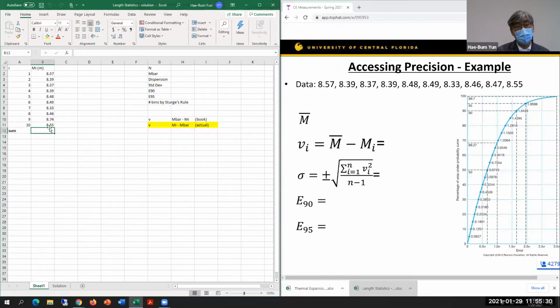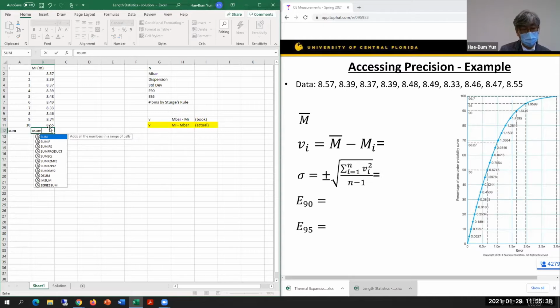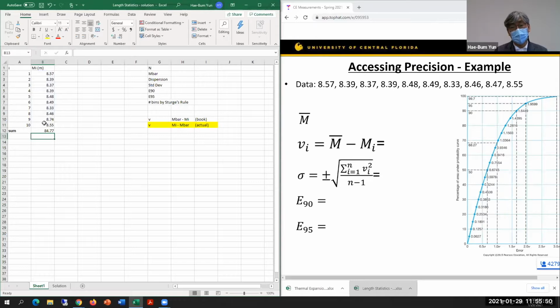Yes. Okay, very good. So then to have a sum, it is equal to sum, and I need to determine the range of it, right? And then we get the sum.